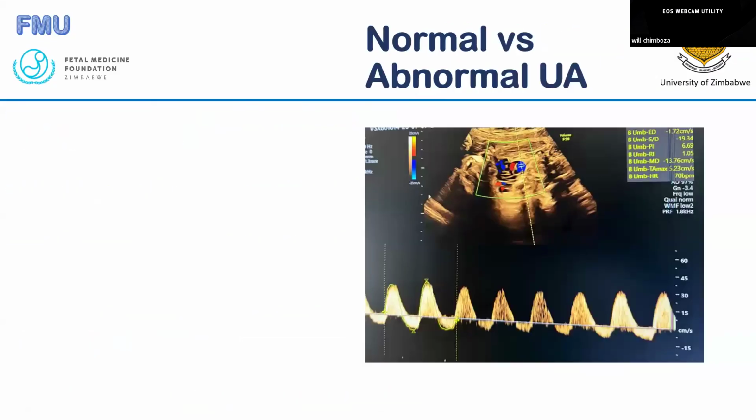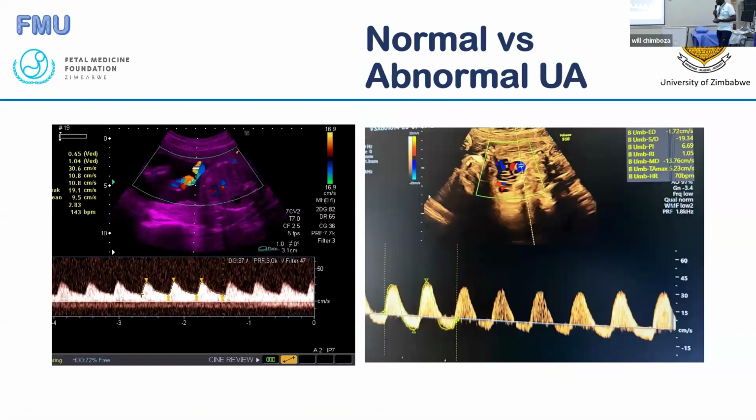All right, so these are some images of 2 umbilical Dopplers. On the left side of the screen, you can see it's low resistance, low PI, which is what we want, that's normal. Usually how it deteriorates, it starts with decreasing the EDF and increasing the PI.